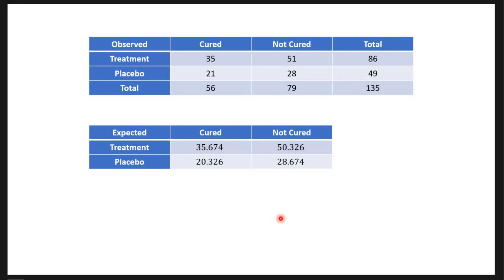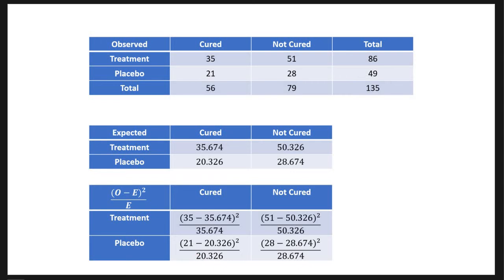Now that I have my expected counts, I can calculate the z squared for all these cells. So it's going to be the observed values minus the expected values, squared. That difference has to be squared and divided by the expected value. So observed minus expected, squared, over expected. And these are going to be my different z squared values.